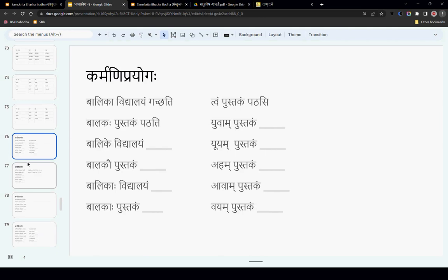Karmani Prayoga is the passive voice in English.